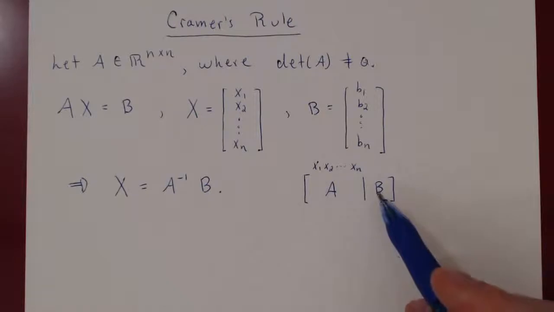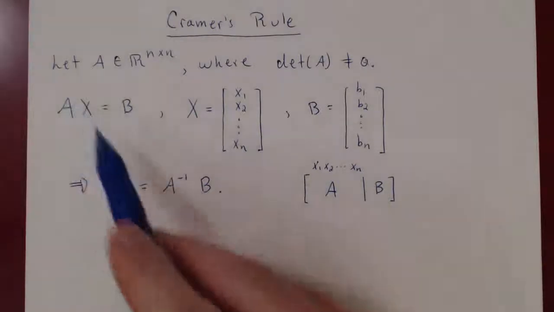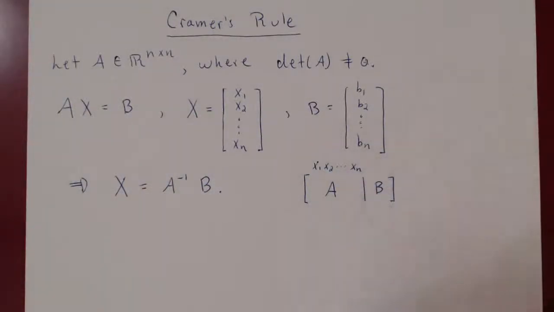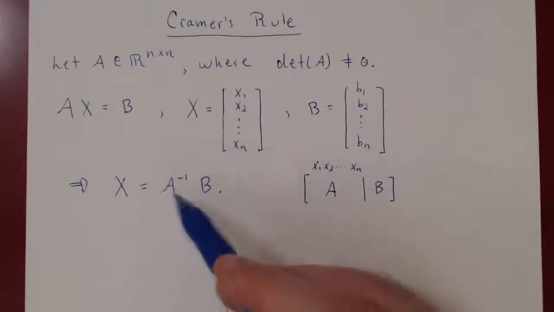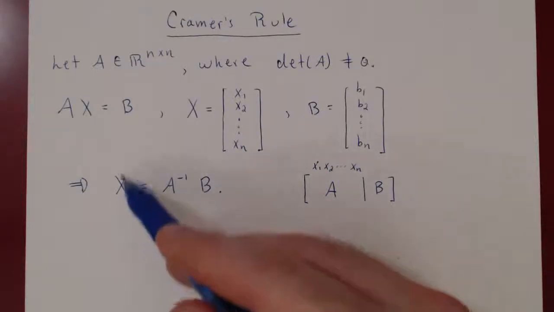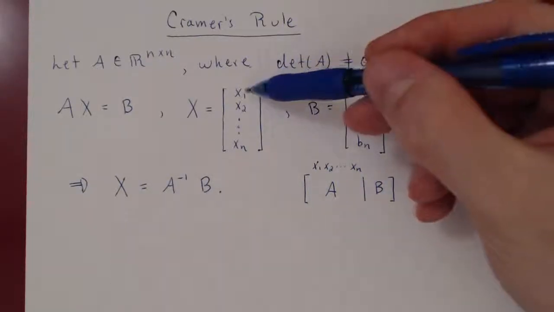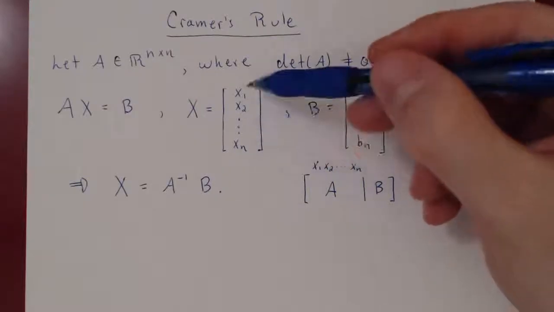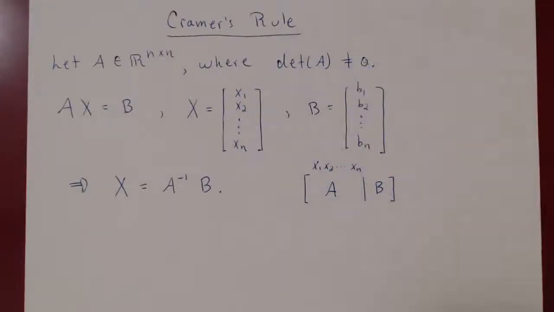Augment A with b, so construct the augmented matrix of the linear system, and row reduce, and because A is invertible, we'll have a unique solution. Or use A inverse times b to give you the unique solution vector, hence the unique solution for each variable x1, x2, up to xn.